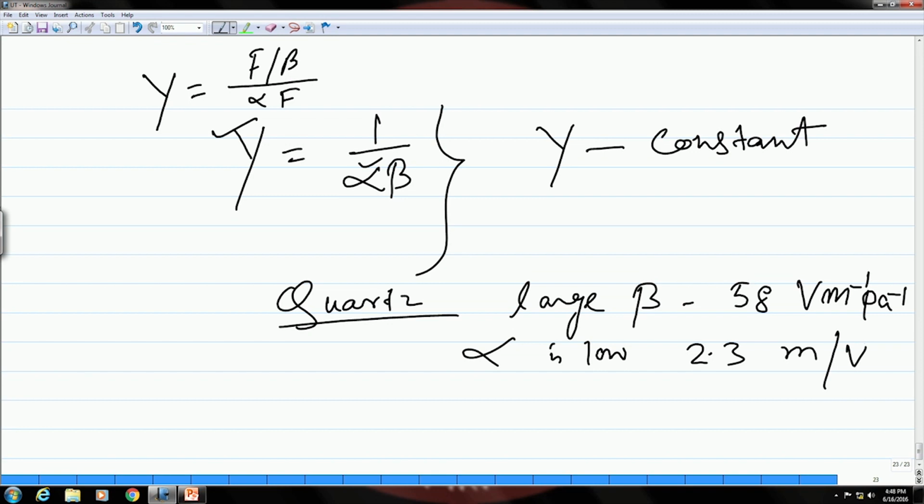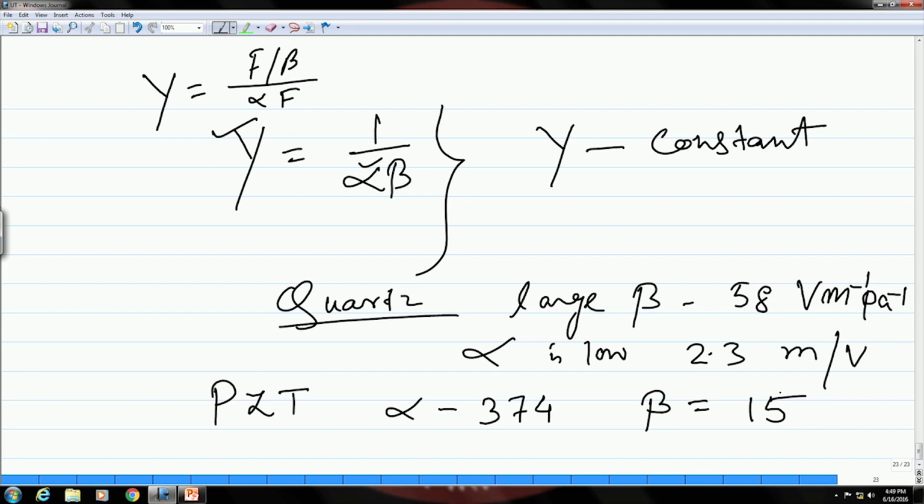On the other hand, if you talk about PZT, it has very high alpha value, which is 374, and it also has a beta value which is high enough, not as low as what you have for quartz, where alpha is very low, it is 15.